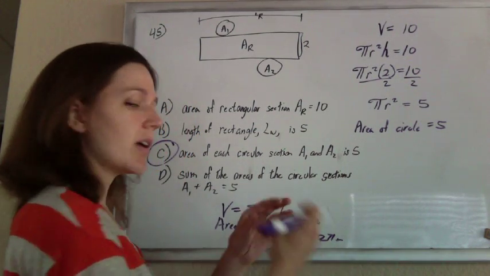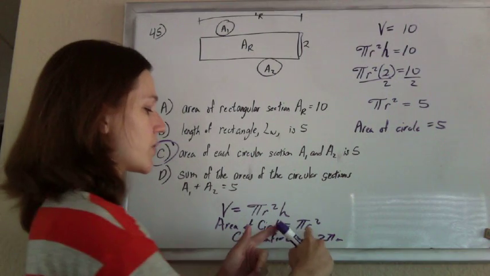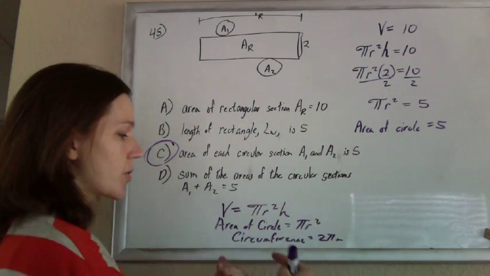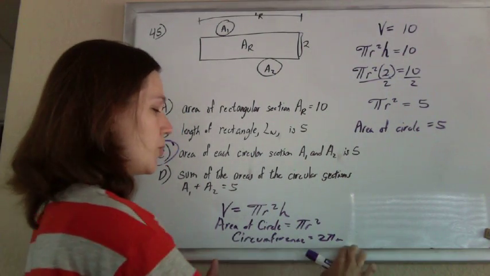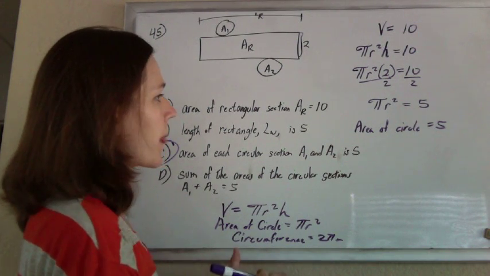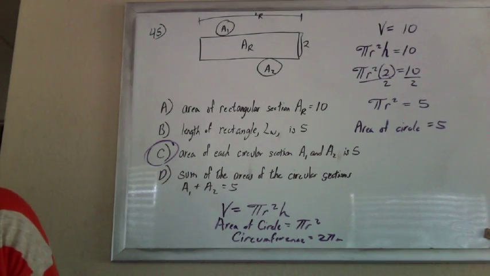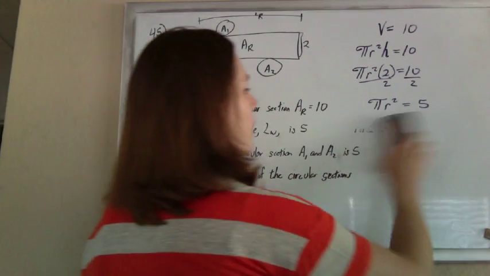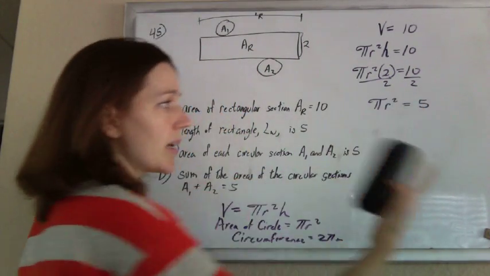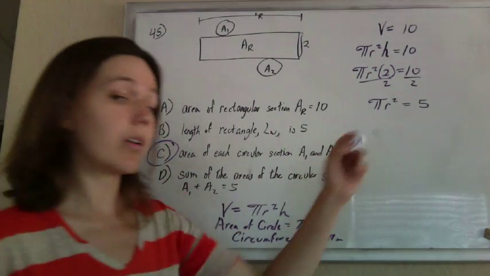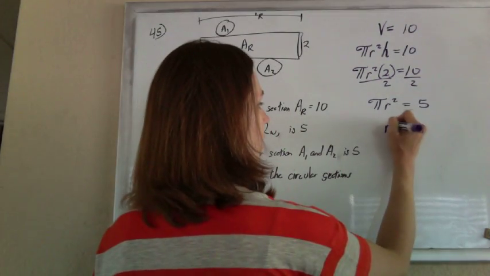I think area is in square units, right? So that's why the r is squared. And to get the circumference, just pop that 2 down, 2 pi r. So we can find whatever we want. Let's say we wanted to find here, we could totally find the radius of our cylinder, right? There's just one unknown in that equation. Why don't we go ahead and divide?